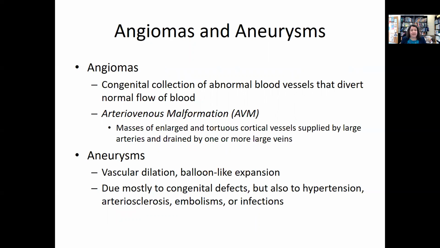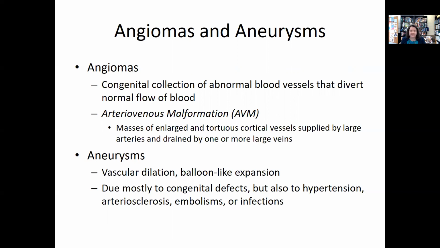Now, angiomas and aneurysms are another thing we want to look at if we're looking at CVAs. Angiomas are congenital collections of abnormal blood vessels that divert the normal flow of blood. So not good, right? That your blood isn't circulating the way it should. An AVM is where you have masses of enlarged and tortuous cortical vessels supplied by large arteries and drained by one or more large veins.